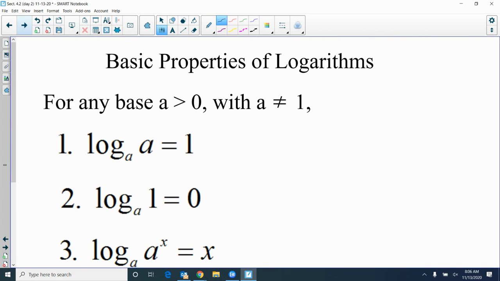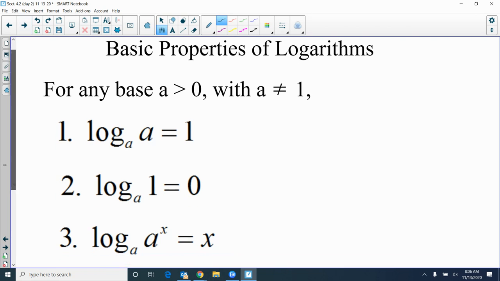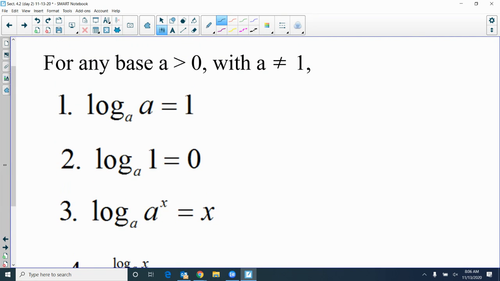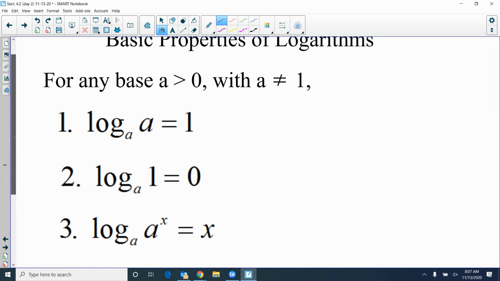All right, so now that just leads us to these basic properties that will always work. What we just talked about, we used with base 3, but it is for any base. So this is where those basic properties of logs come in, numbers 1, 2, 3, and 4.